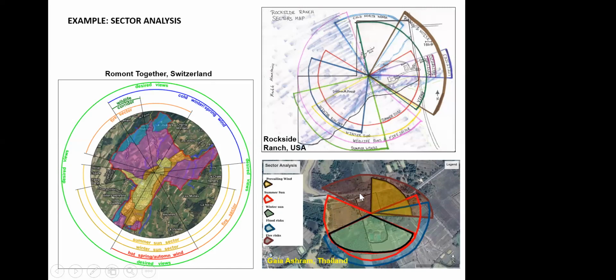And on a smaller scale again, this is from Gaia Ashram in Thailand, a case study from last year. They've got a fairly simplistic but very effective way of showing the sector analysis. So here's the prevailing winds coming from the northeast, and the summer sun, and the winter sun, smaller angle, and flood risks.